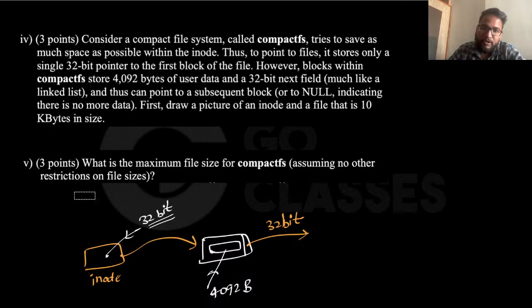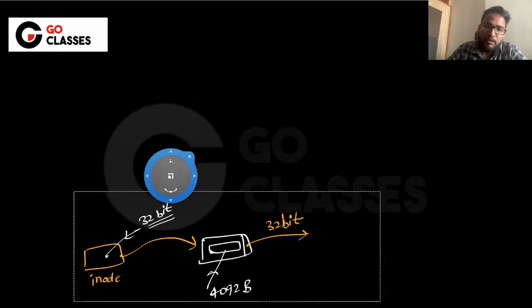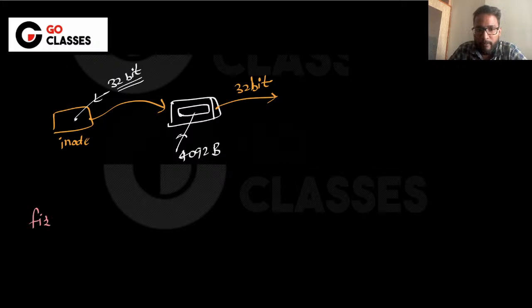That's very interesting. See here. So this is the current scenario, and the file size is 10 kilobytes. Now, can you tell me how many blocks I will be having? See, this is 4092, which is 2 power 12 bytes, since 2 power 10 is 1024, 2 power 11 is 2048, 2 power 12 is 4096.